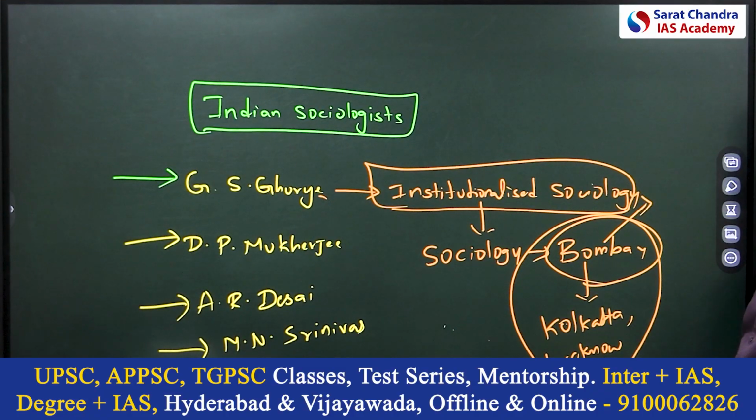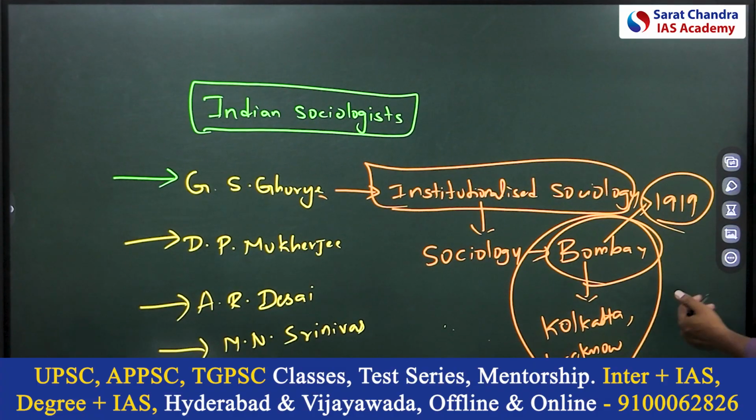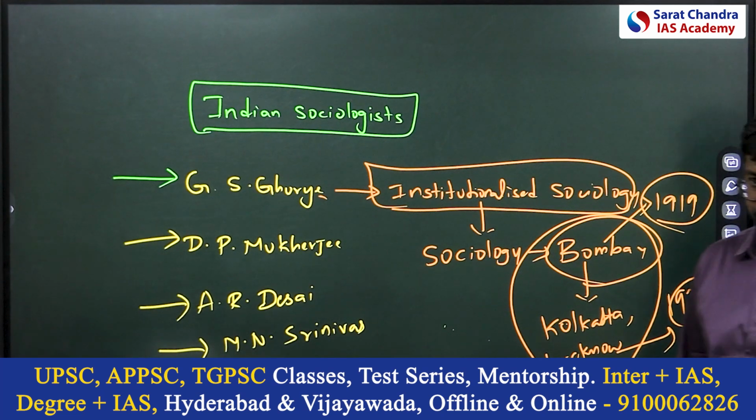You don't need the exact year for objective examinations, but for your understanding, in 1919 G.S. Ghurye established the sociology department in Bombay. Later, in 1921, it was established in Lucknow, then Kolkata.